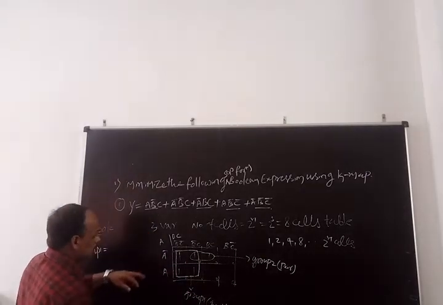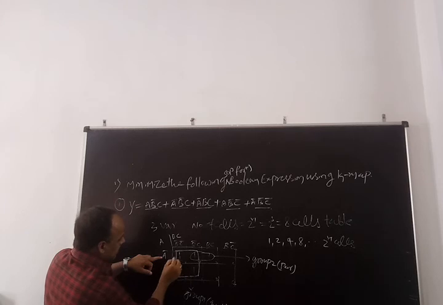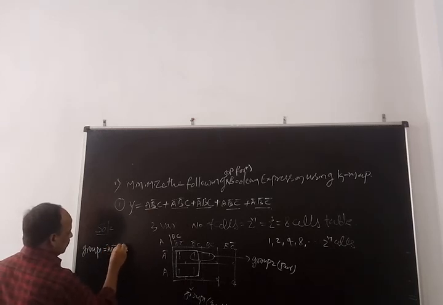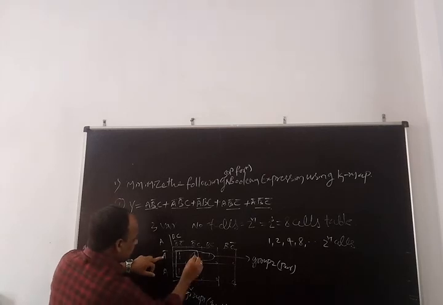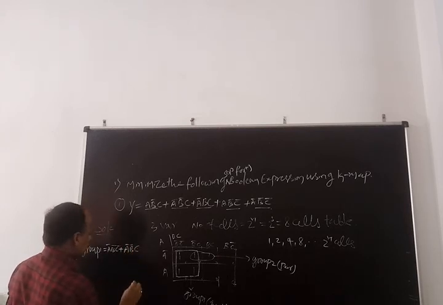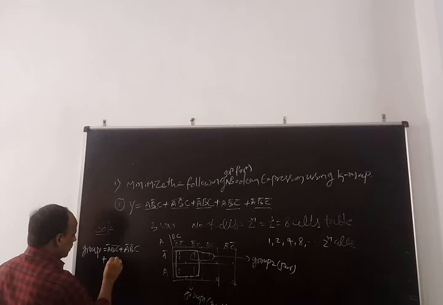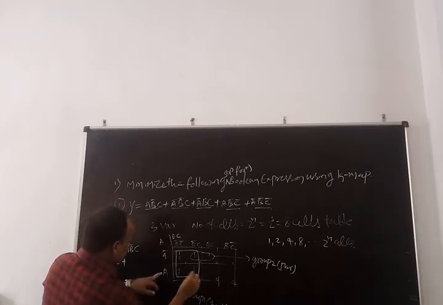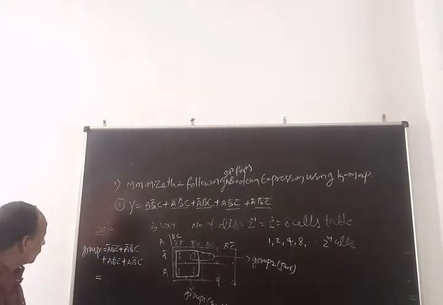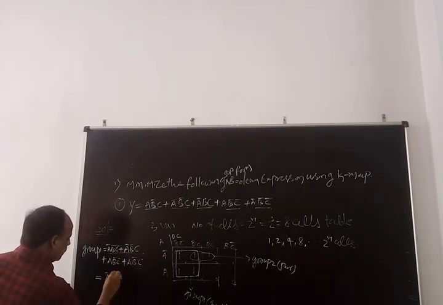See here, this one present in this cell address means A bar, B bar, C bar, plus this one present in A bar, B bar, C, plus this one present in A, B bar, C bar, plus this one present in A, B bar, C. See here, in these two terms, A bar, B bar is the common.